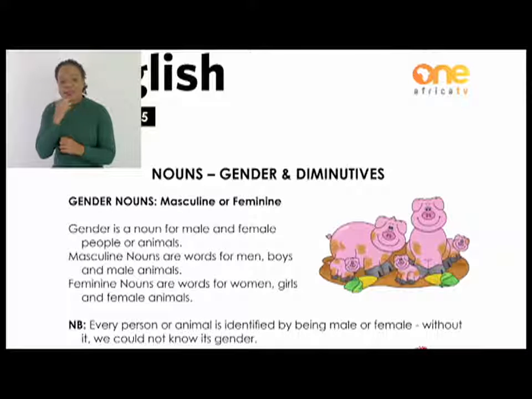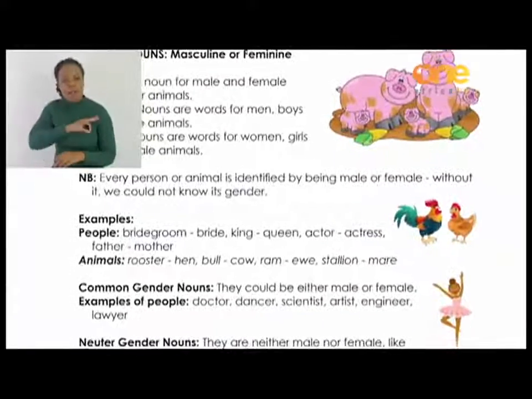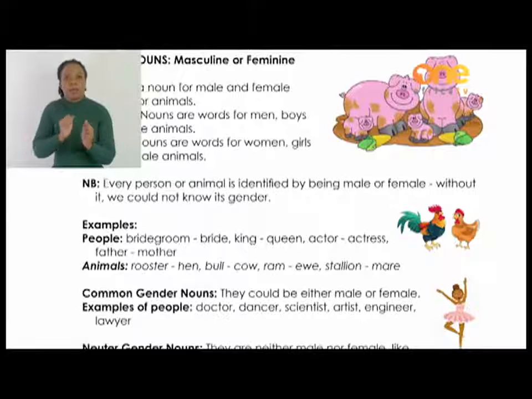You talked about proper and common nouns. Feminine nouns are words for women, girls, and female animals. Those are feminine nouns. Masculine nouns are words for men, boys, and male animals.